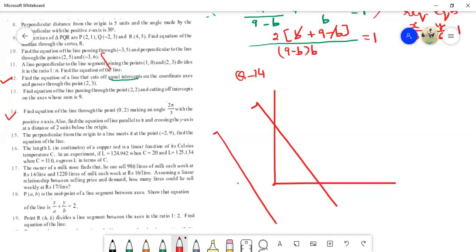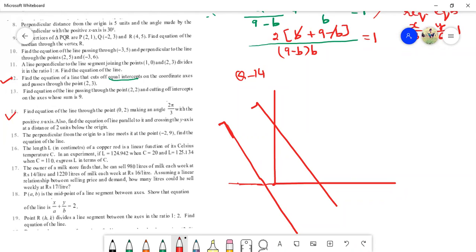This is another parallel line. These are two parallel lines.